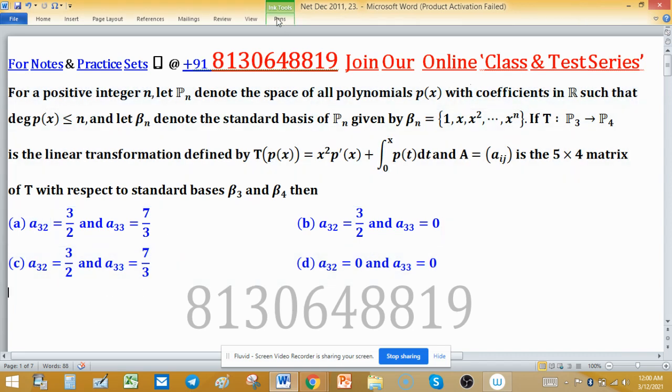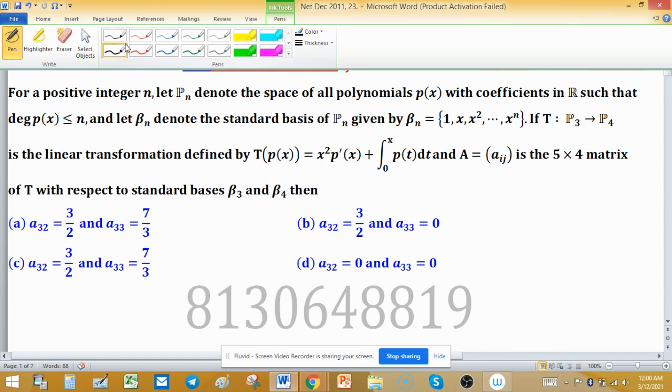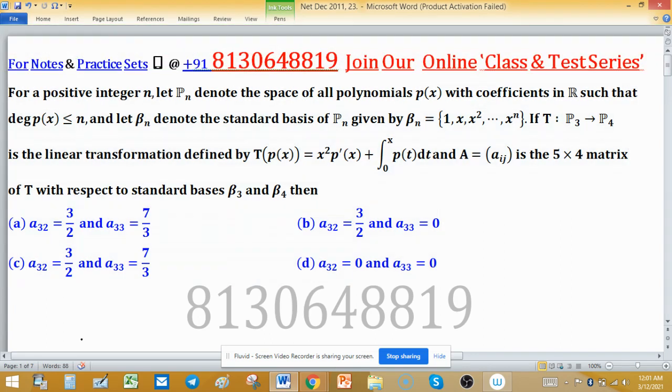So the first important point is that we have to find entries of the matrix representation of T. Suppose this is a matrix representation and this is 5 by 4.